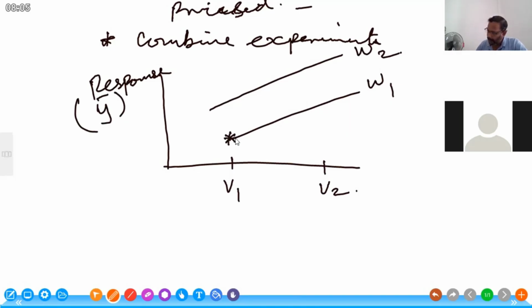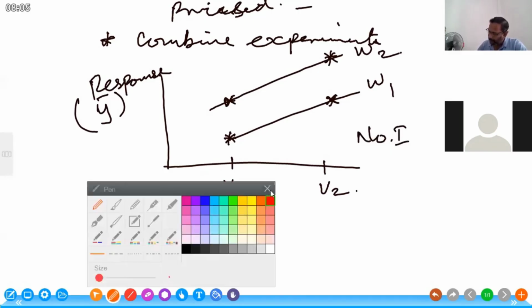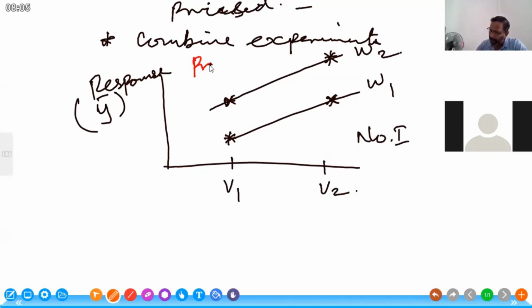So here you see the response for these 2 varieties by these 2 weed decides. It's more or less a similar way of response. If a similar way of response occurs, then we call it no interaction. This kind of diagram is called a profile map.